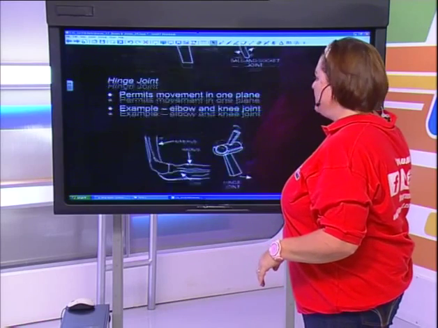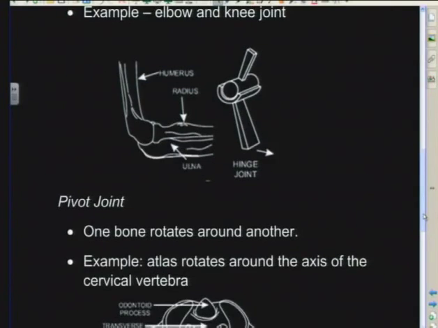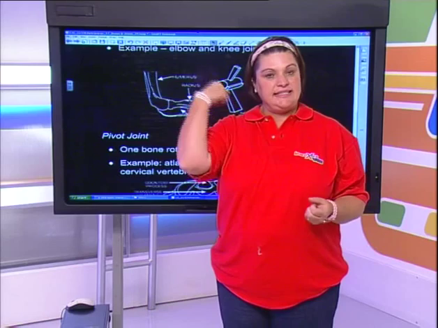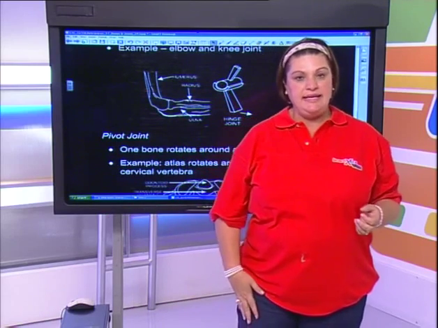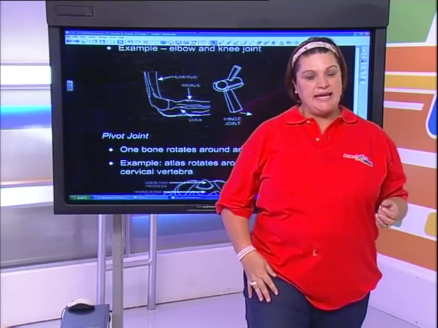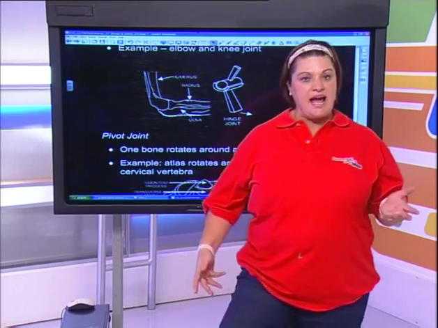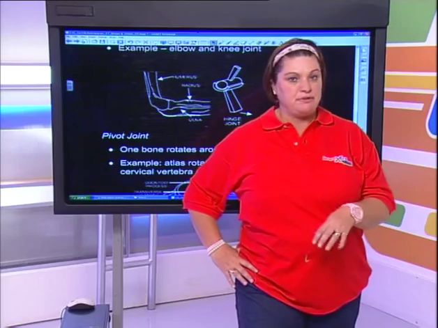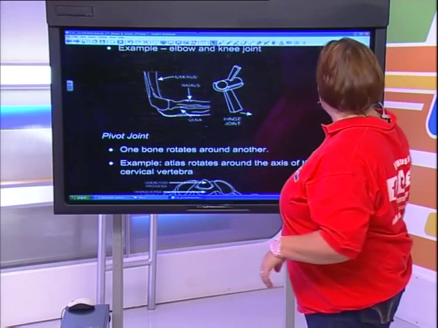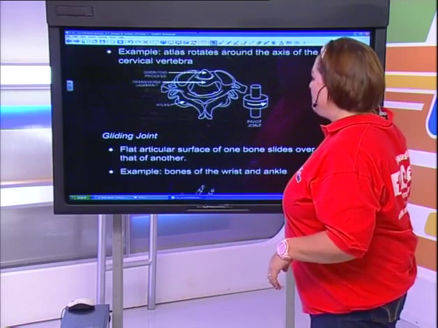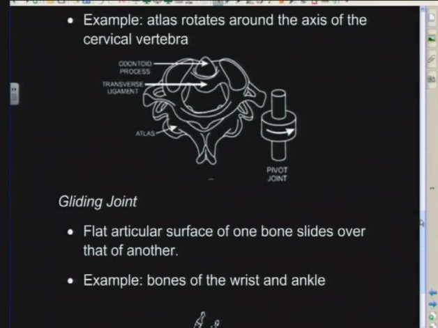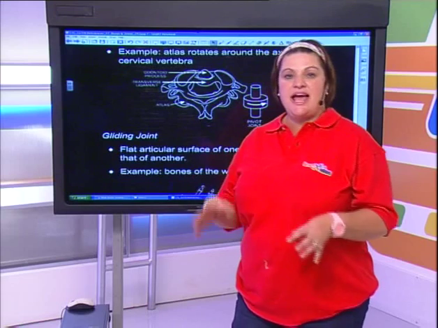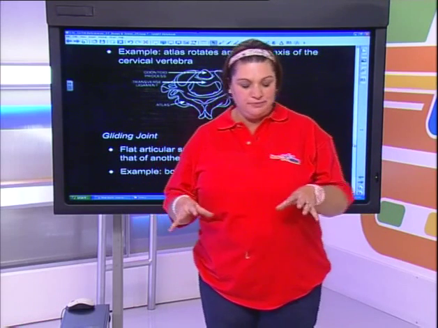The second one, my hinge joint, there's my elbow, flexing and extending, or my knee, flex and extend. If I move my knee out like that, I'm not using my knee joints, I'm using my hip joints. Then the pivot, remember the atlas and the axis, the C1 and the C2.